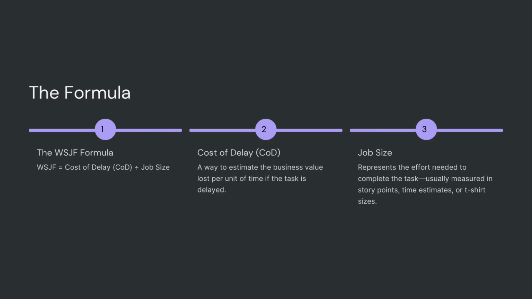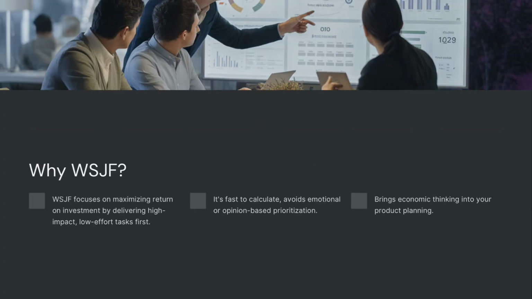Right, relative. So why WSJF then? What's the real power here beyond just doing the math? It sounds like it pushes you to grab that low-hanging fruit first, high-impact, low-effort stuff. It definitely does that. Maximizing ROI is part of it. But I think the deeper insight is how it helps eliminate those really painful, often emotional debates about what's most important.